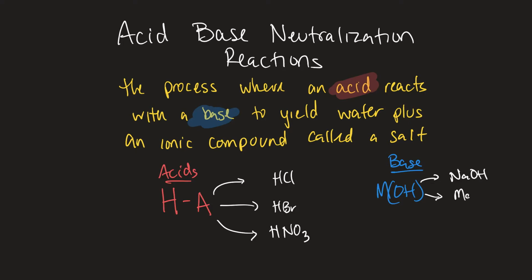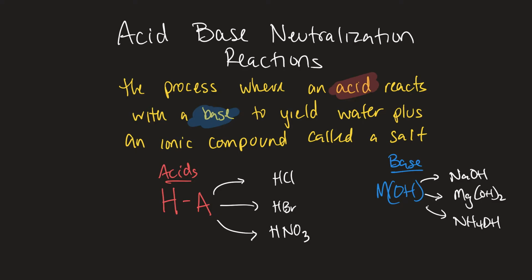Here, magnesium hydroxide, this is a base. Let's go with one more example: ammonium hydroxide. Here it's still a cation, but at the end of the day it's something attached to this OH hydroxide.